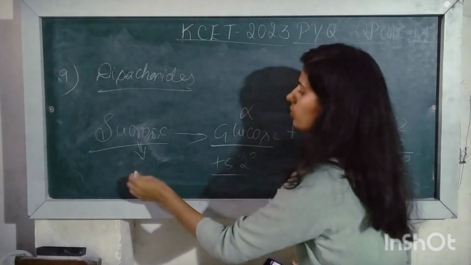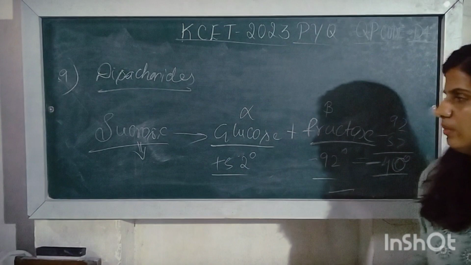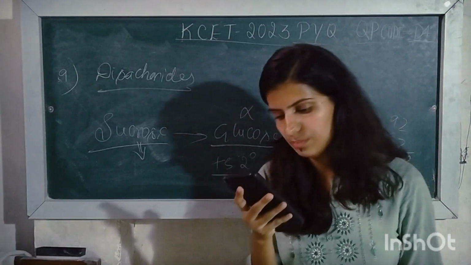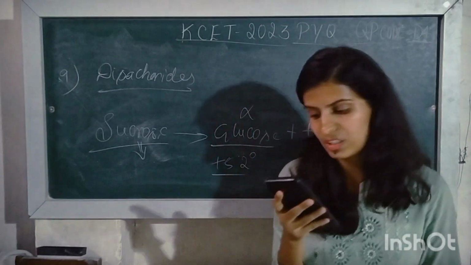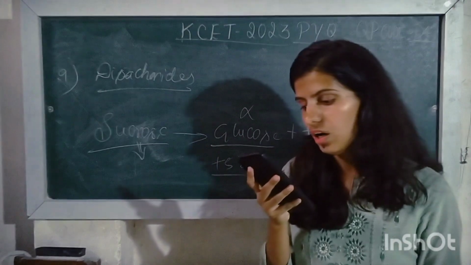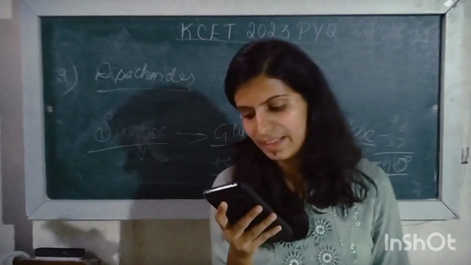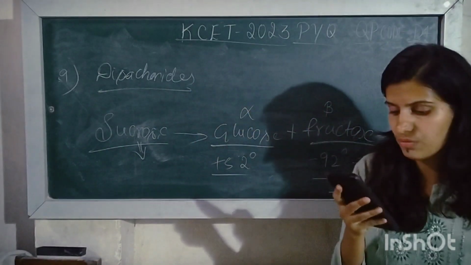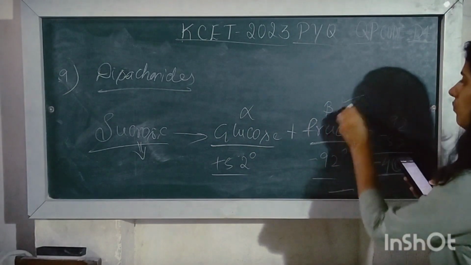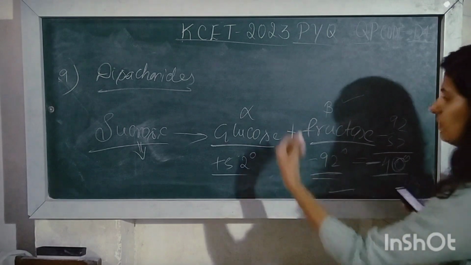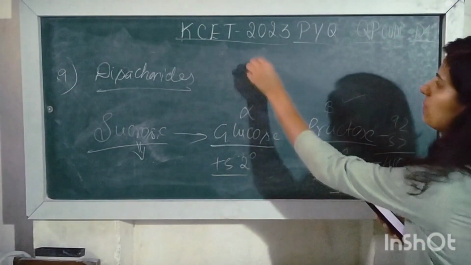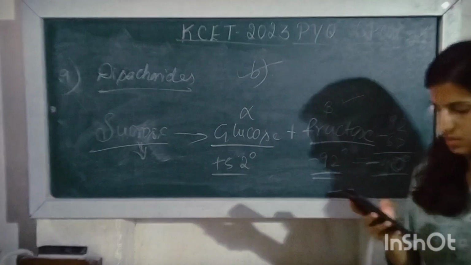Therefore, the mixture shows levorotation, right? So in the options, they have given A, racemic mixture is formed. No, it is not a racemic mixture. Option number B, levorotation of fructose is more than dextrorotation of glucose. True, right? Levorotation of fructose is more compared to dextrorotation of glucose. So option number B is correct.